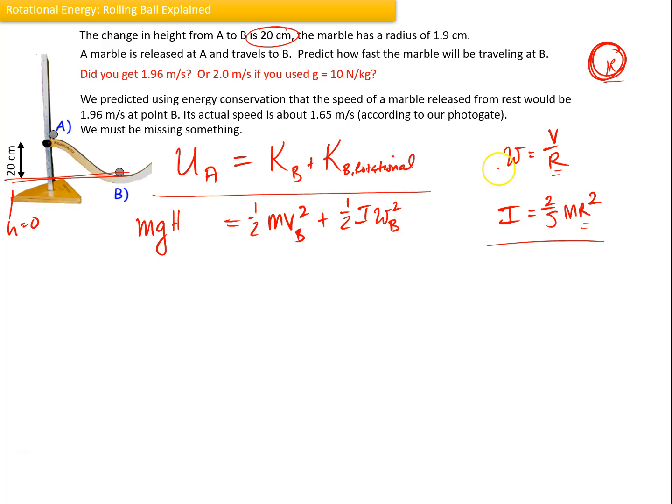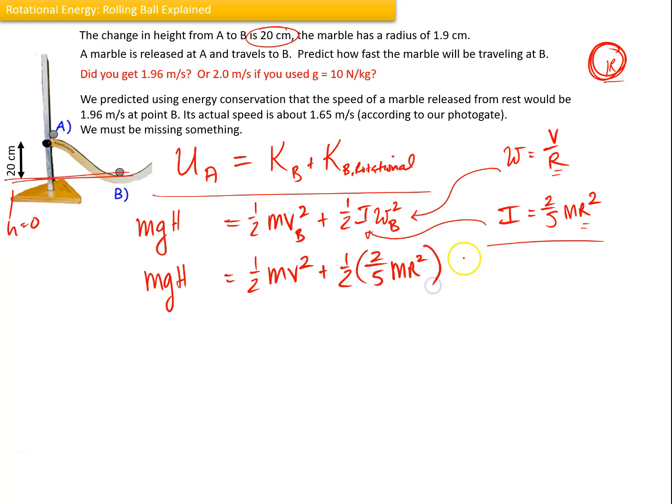So I'm also going to substitute this in for omega and substitute the moment of inertia to be able to solve this. So we're going to get mgh staying over here, and that's going to equal 1/2 m v squared plus 1/2 times the moment of inertia, 2/5 mr squared, times omega, where we're subbing in v over r, so v over r, the whole thing squared. I'm just going to get rid of the subscripts for now to make life a little easier.